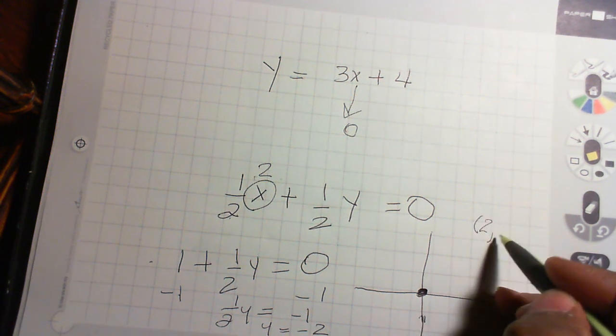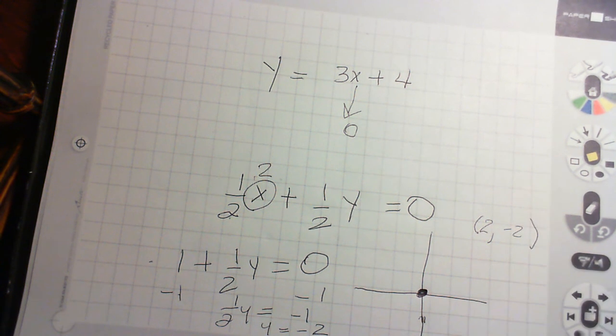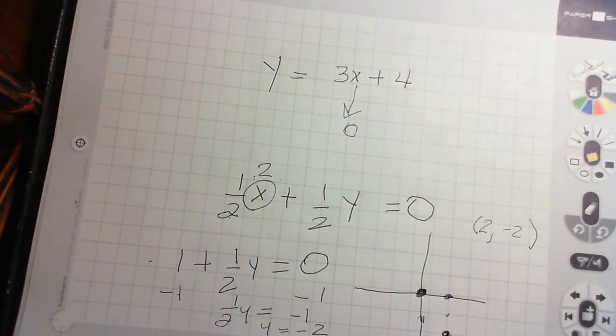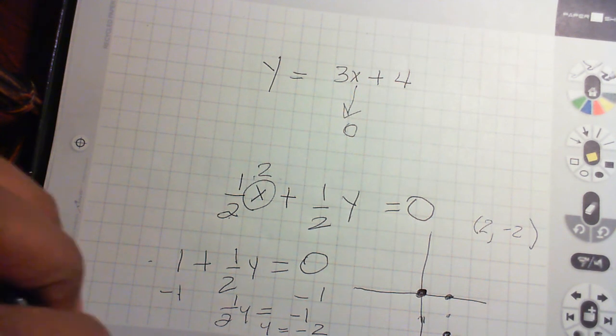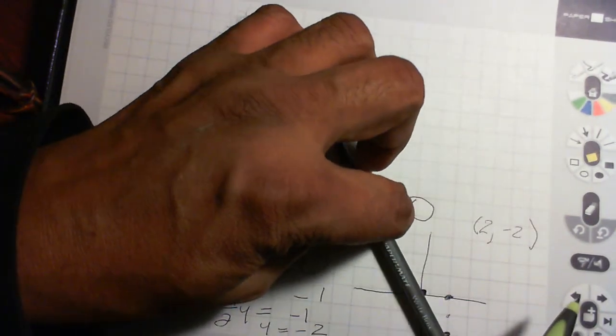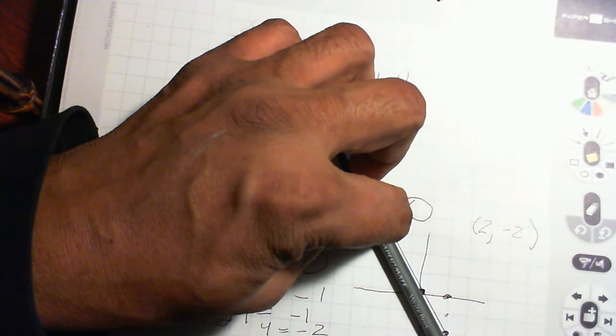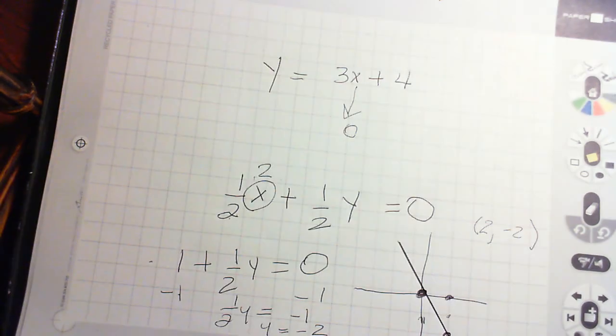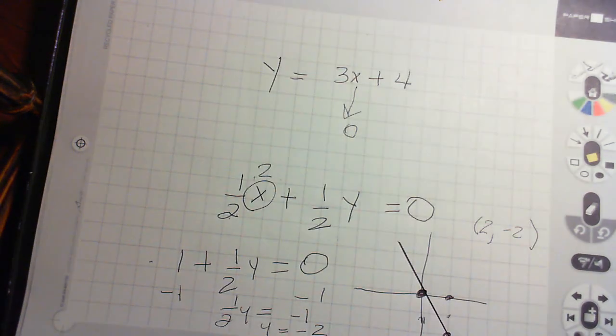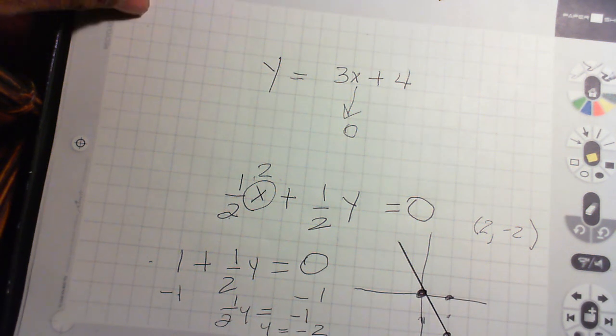When x is equal to 2, y is equal to -2. So here's your second point, 2, -2. Now you can draw your line, right? You get a straight edge here, and I don't have one in front of me, but you can do this here, and here's your line. Okay? Shouldn't be too bad here.